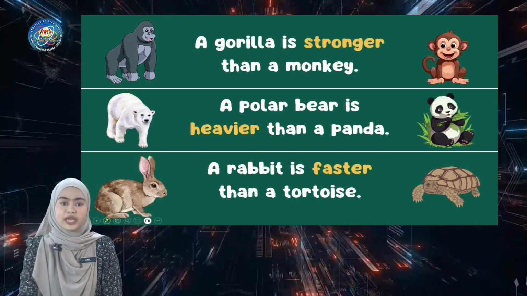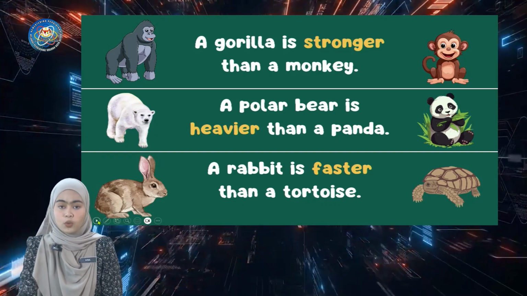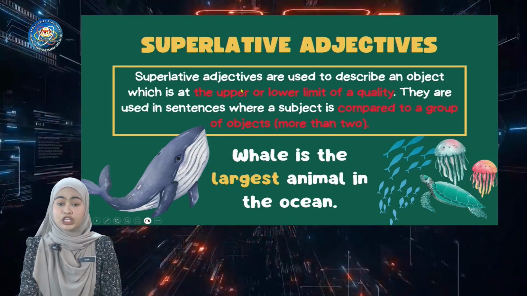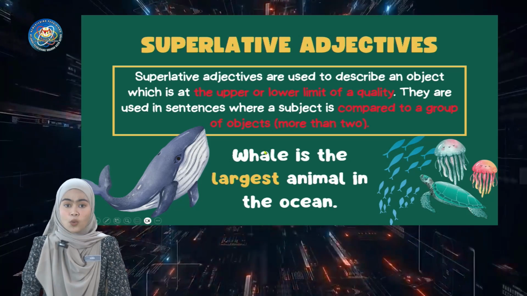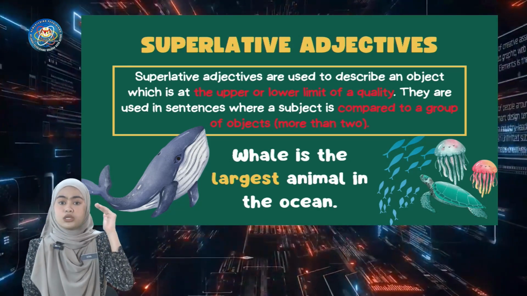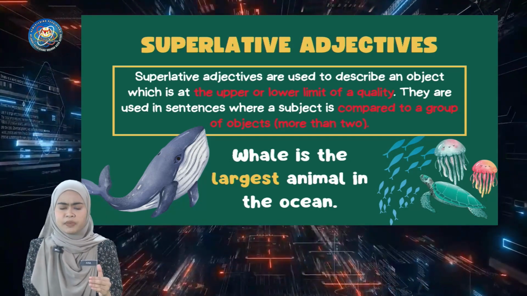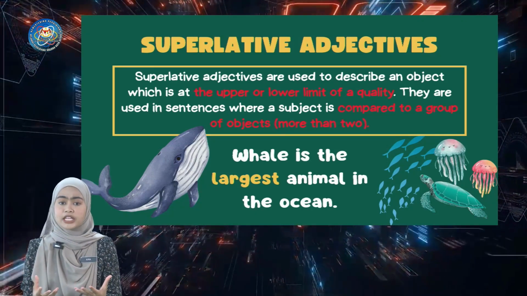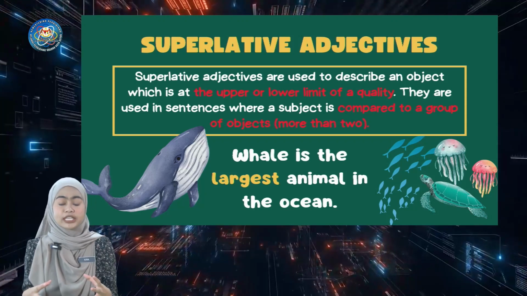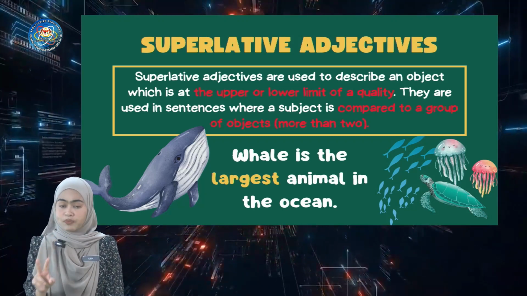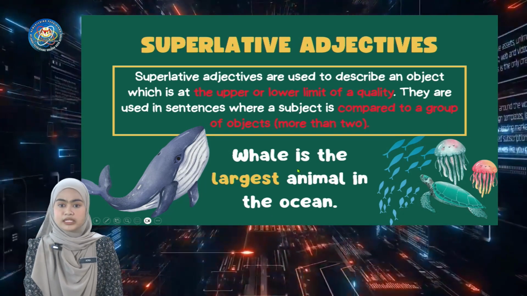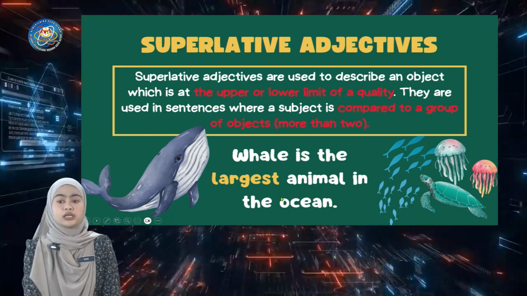Now, let's look at the next adjective, which is the superlative adjective. Superlative adjectives are used to describe an object which is at the upper or lower limit of a quality. They are used in sentences where a subject is compared to a group of objects, which is more than two. Here you can see the example: whale is the largest animal in the ocean.